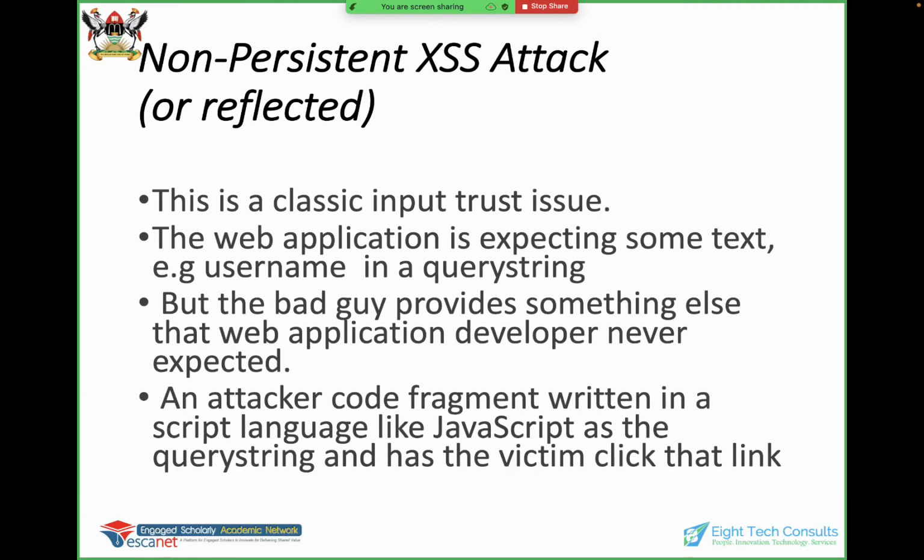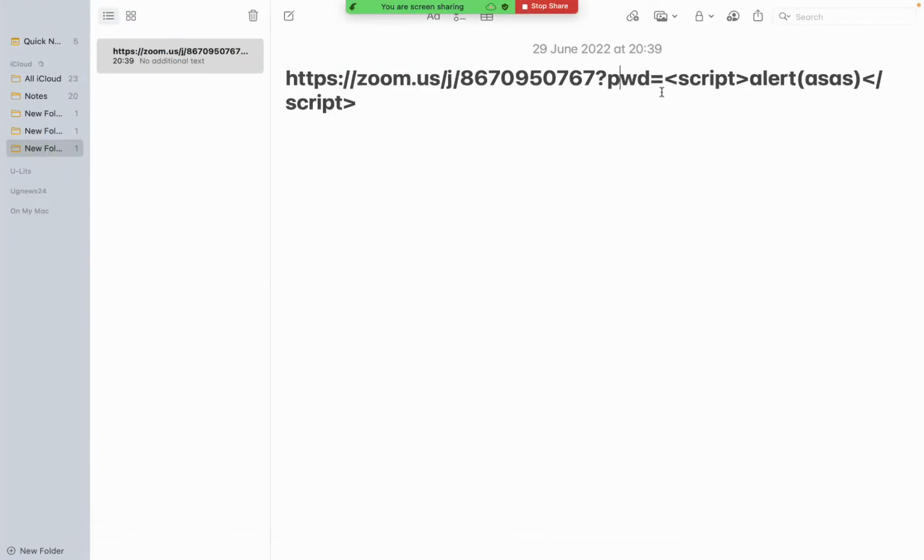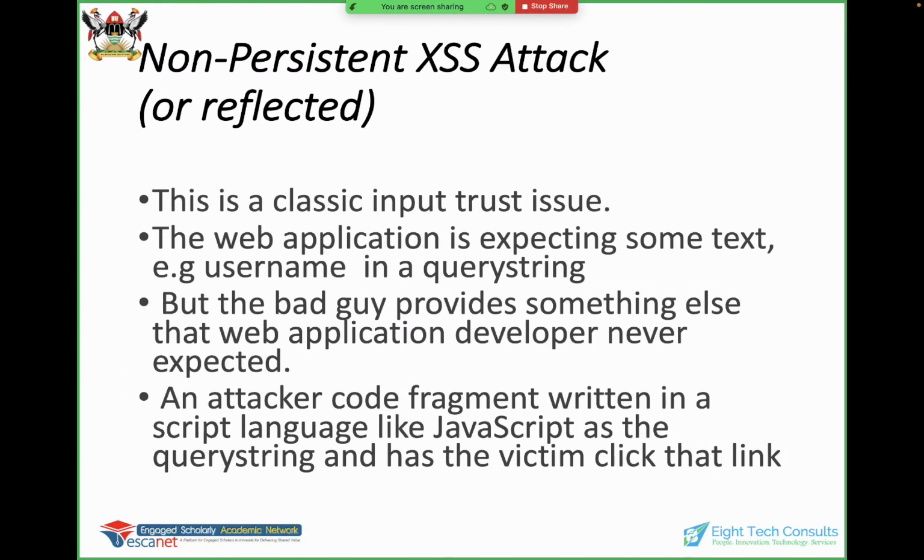So this is a classic input trust issue. When you don't trust the users, like here, you know this is an input, it will result in what? In cross-site scripting.